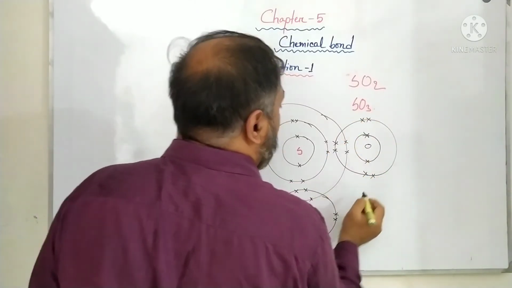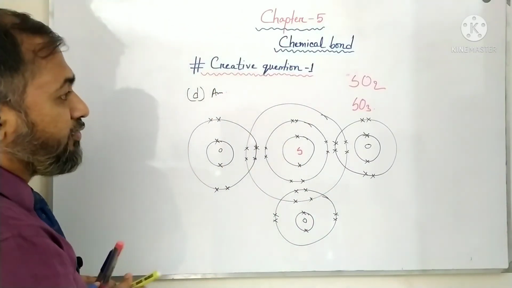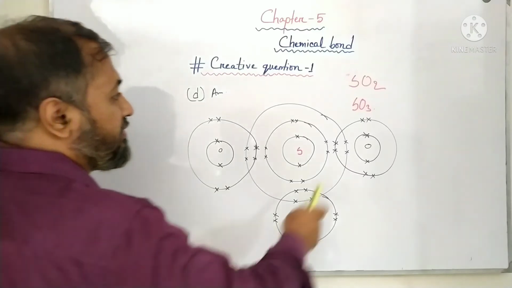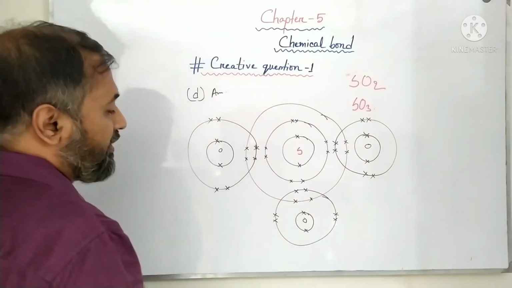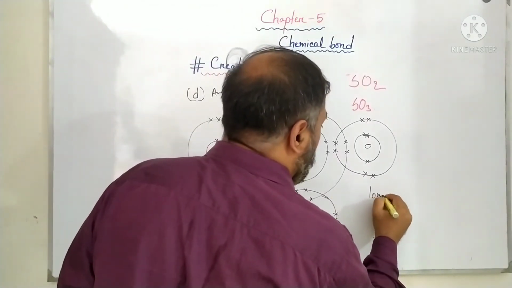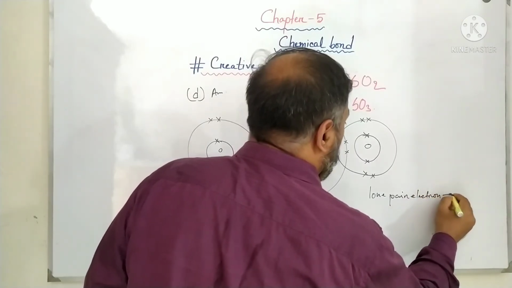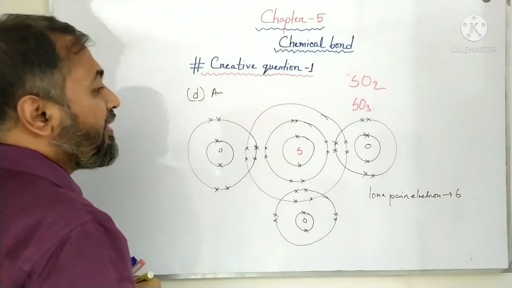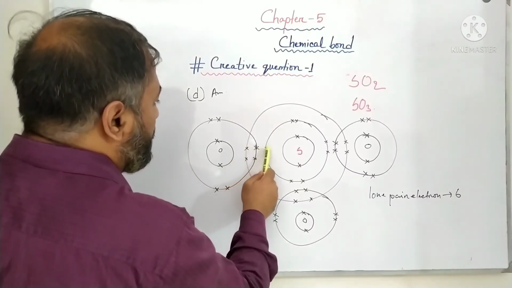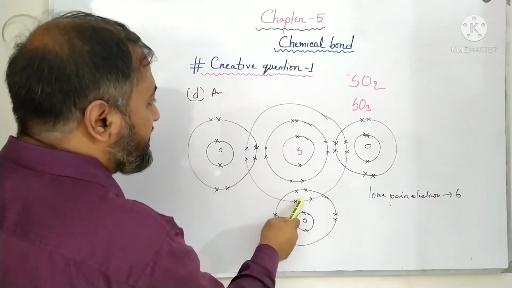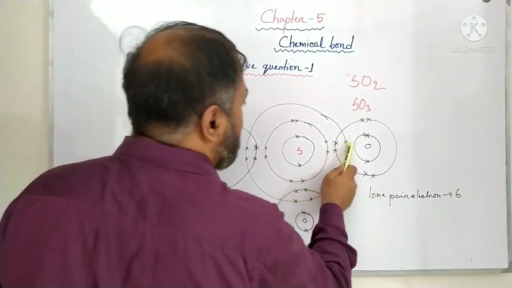So in sulfur trioxide we can see that the total number of lone pair electrons present in this compound is 1, 2, 3, 4, 5 and 6. So lone pair electrons, six. And how many bond pair electrons are there? 1, 2, 3, 4, 5, 6.